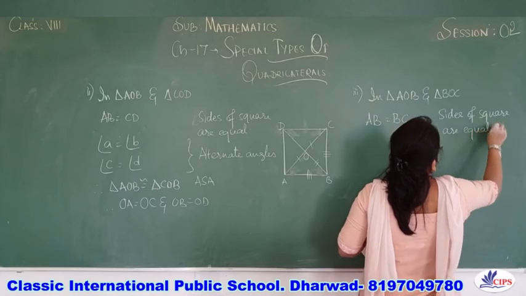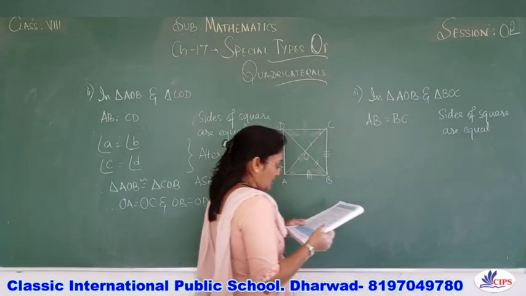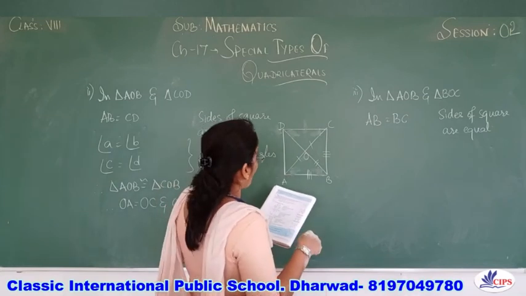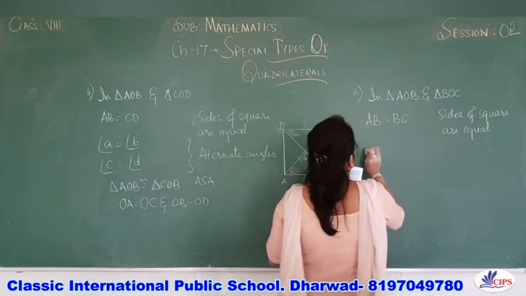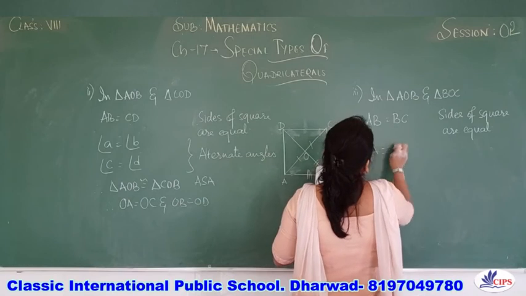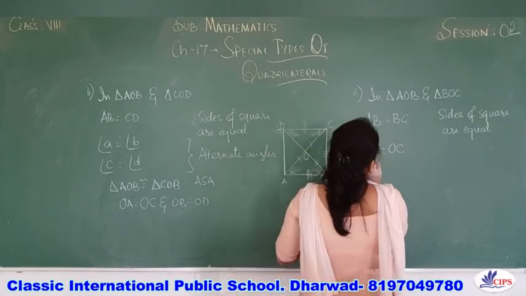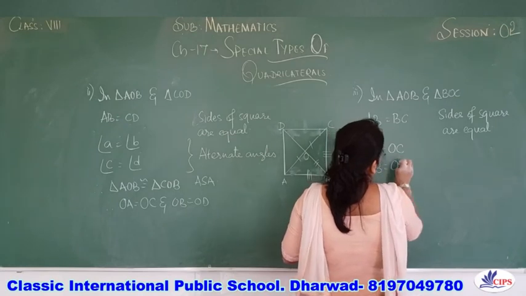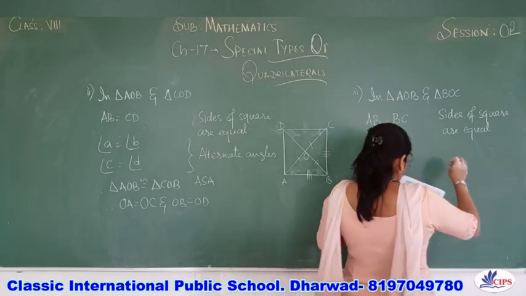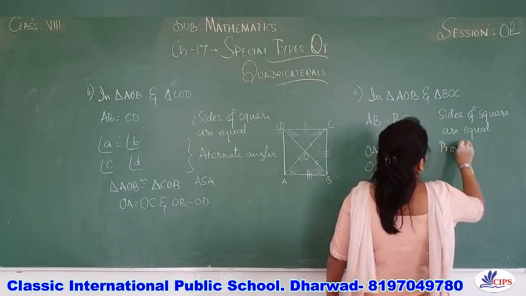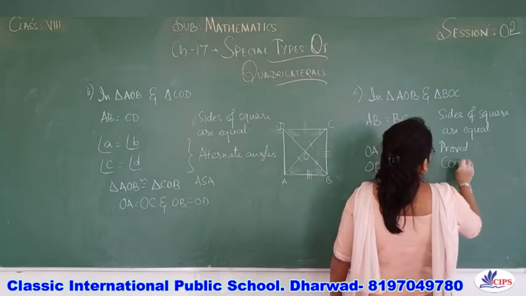Then OA is equal to OC. We have proved it already, they are diagonals. Next, OB is equal to OB. This is the common side.